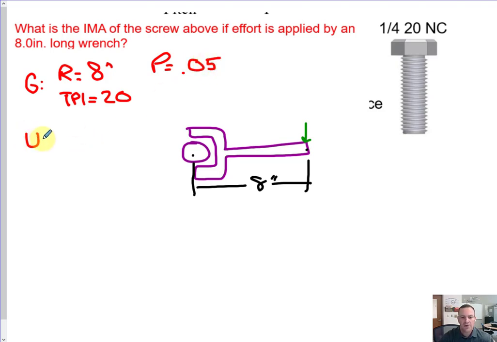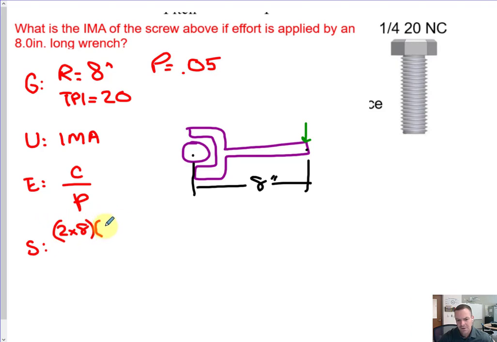The unknown here is IMA. The equation is circumference divided by pitch. When we substitute, well, we don't know the circumference, but we can find it with the radius, right? So we can do 2 times 8, so 2r times pi, divided by the pitch, 0.05.